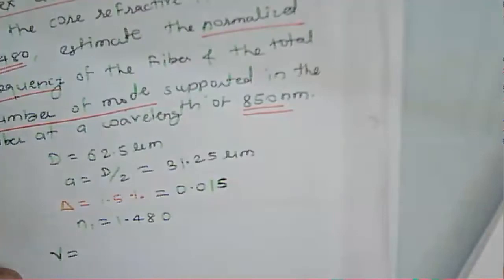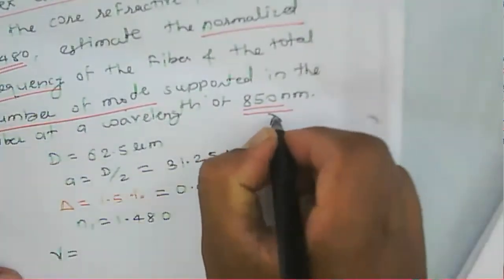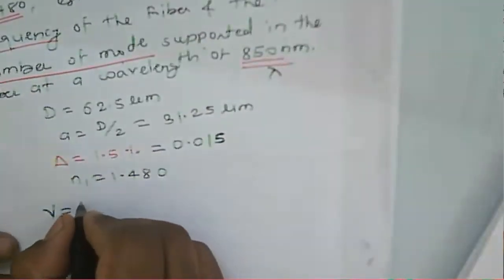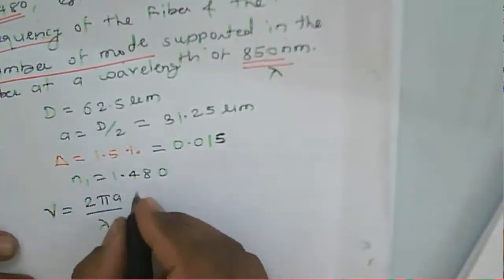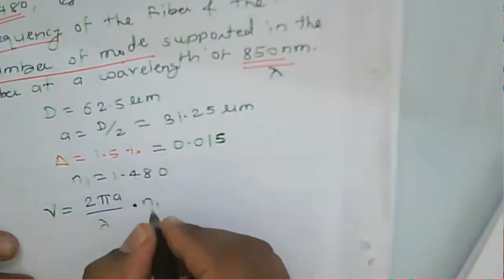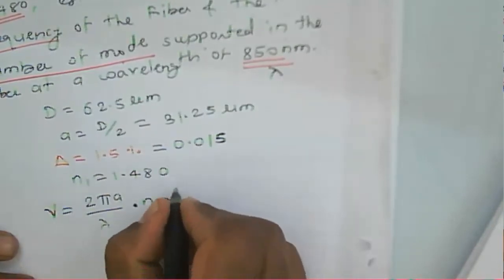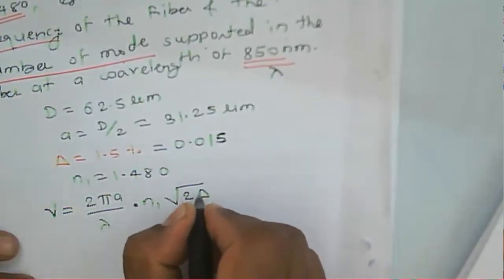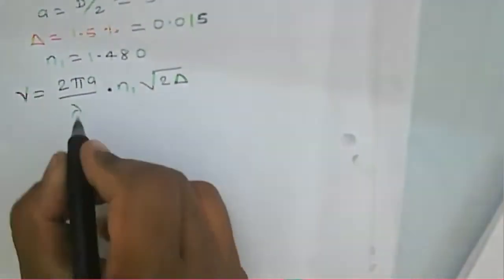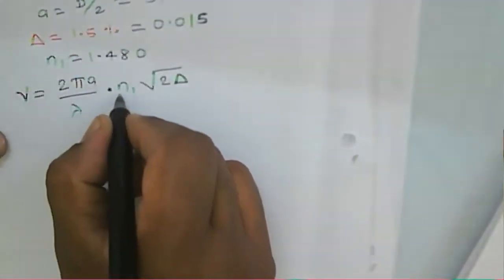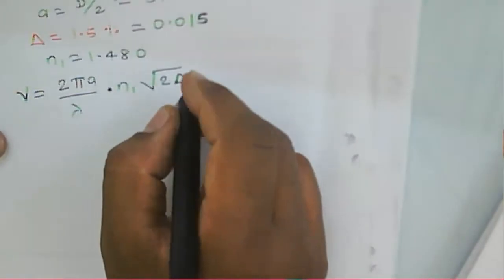This is lambda. So V is equal to 2 pi a divided by lambda into N1 under root of 2 del.